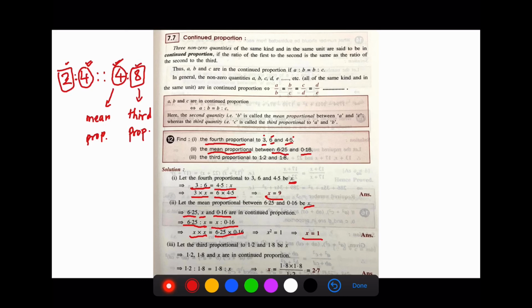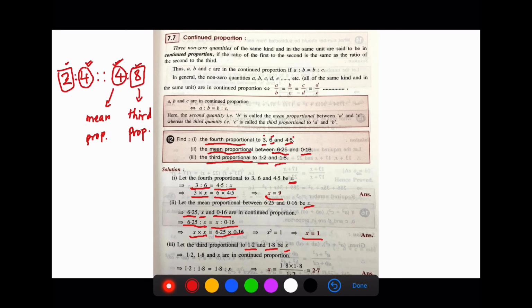And in part 3, we have to find the third proportional to 1.2 and 1.8. So since the last is the third proportional, that also tells us that we only have three numbers and it is a case of continued proportion. So we have the numbers 1.2, 1.8 and the third proportional, let it be x.